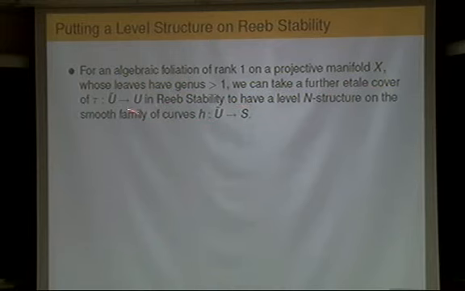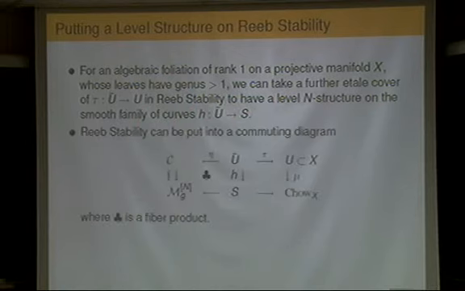And then we can put it into the following diagram. Here you have the cycle map, and here we have this local étale covering. But then, by putting in the level structure, you can say that this comes from a fiber product from the universal family. In this way, we can modulate this local information to put it together into a global picture.